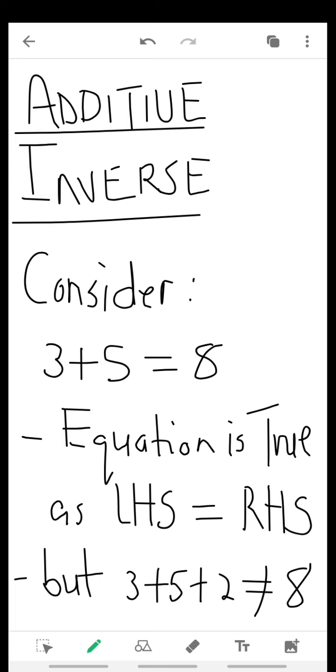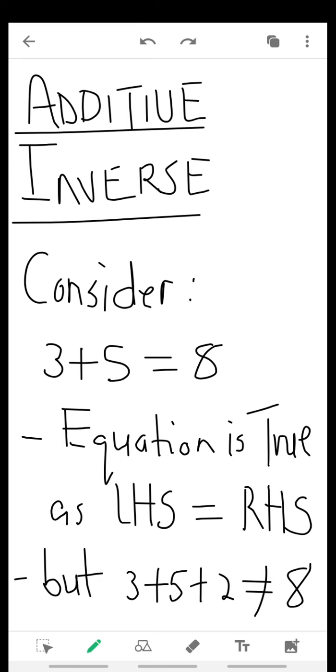Now, I want you to consider 3 plus 5 equals 8. What is it that we notice? We notice that 3 plus 5 does give us 8, and as a result, this equation is true because the left-hand side is equal to the right-hand side. But what happens if now on my left-hand side I add a 2?